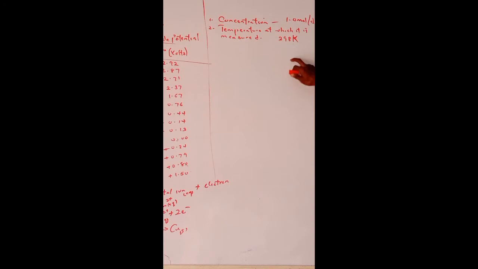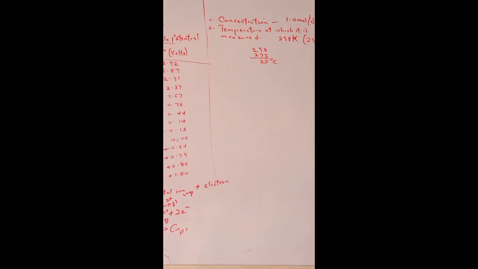If you subtract 273 from 298, let's convert it to degrees Celsius, it is 25 degrees Celsius.